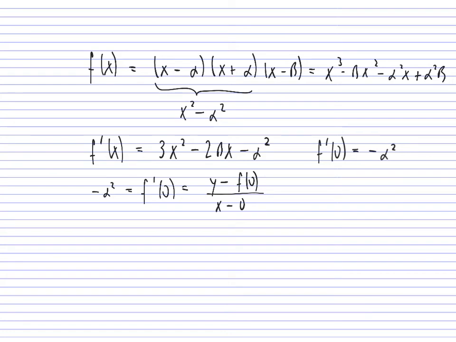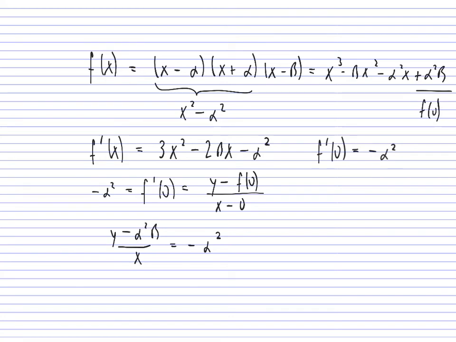So what is f of 0? f of 0 is just alpha squared times beta. So the equation of this tangent is y minus alpha squared beta over x is equal to minus alpha squared.